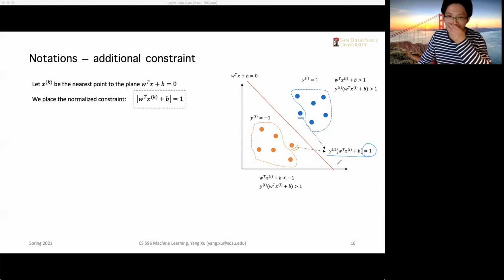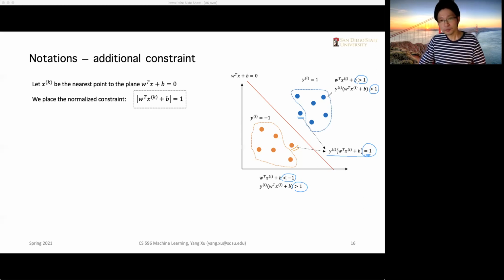And we can distinguish the 2 nearest points from the rest of the points. The rest of the points must satisfy that they are greater than 1, not just greater than 0. They must be greater than 1, because the 2 nearest points equal 1.